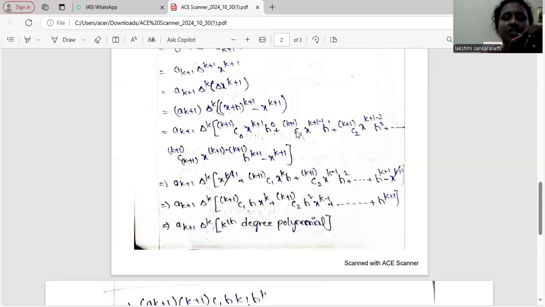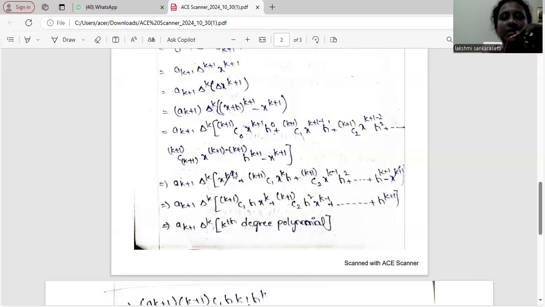By binomial expansion, after elaborating the function (x+h) whole power k+1, we have the reduction as a_{k+1} into delta power k of (k+1)C0. nC0 is always 1, and h power 0 is 1, so in the first term we have only x power k+1.